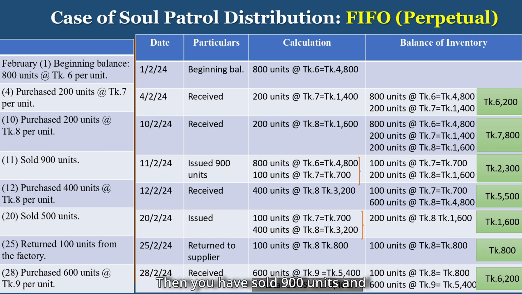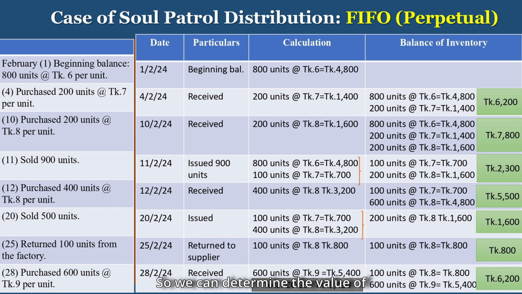Then you have sold 900 units and you are following the FIFO method. So you first discharge the items which you bought first. Now on February 11 you have sold 900 units. So we have to determine the value of cost of goods sold and value of ending inventory under the FIFO system.